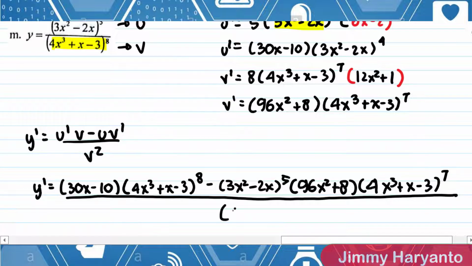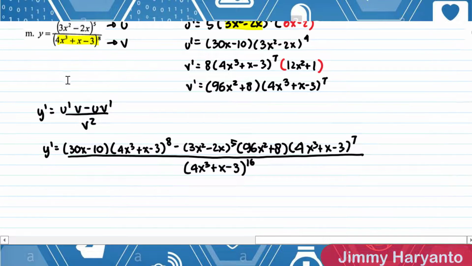V squared, that means 4x cubed plus x minus 3 squared, it will become 16. So this is the answer.